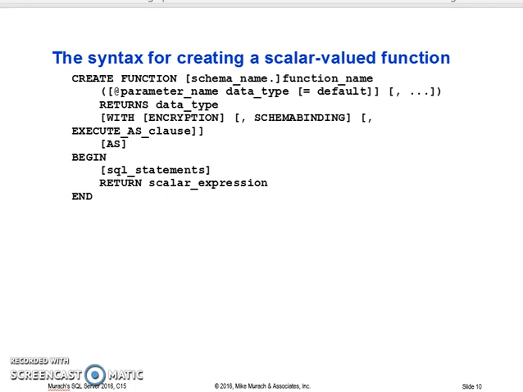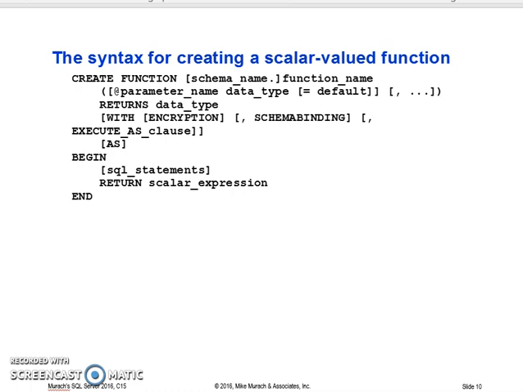The returns clause specifies the data type of the value that is returned by the function. You code the statements for the function with a begin-end block. Within that block, the return statement specifies the value that is passed back to the invoking program. Since this statement causes the function to terminate, it is usually coded at the end of the function.